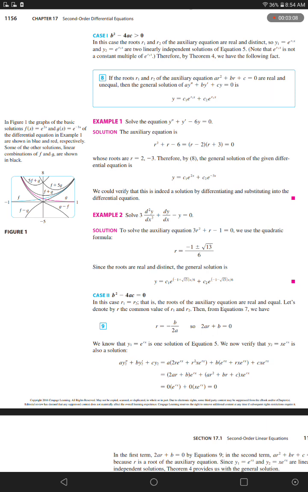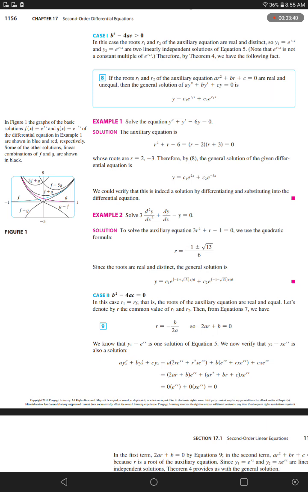Example 2. Solve the second derivative of y with respect to x plus the derivative of y with respect to x minus y equals 0. Solution: to solve the auxiliary equation 3r squared plus r minus 1 equals 0, we use the quadratic formula. r equals negative 1 plus or minus the square root of 13 over 6.